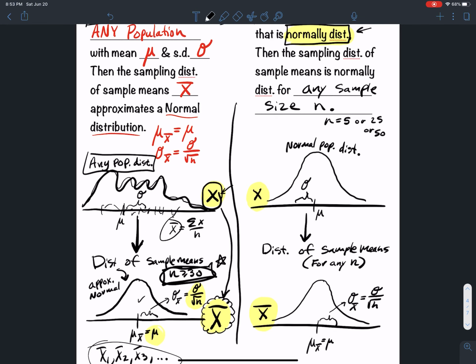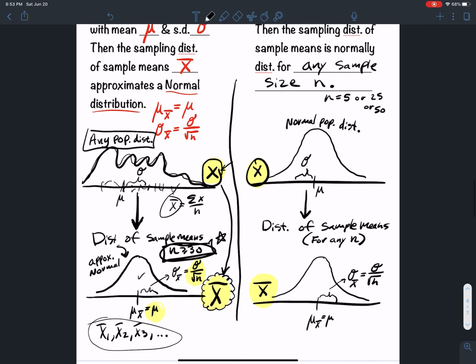Okay, so we're taking data values and from that creating a sampling distribution of sample means, and ultimately that distribution becomes normal.